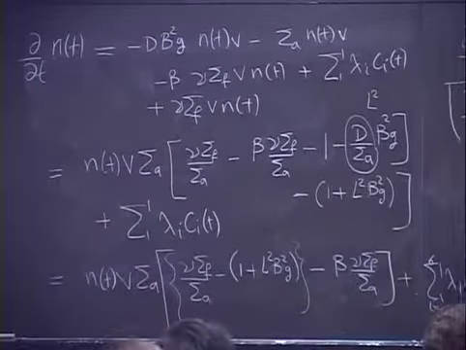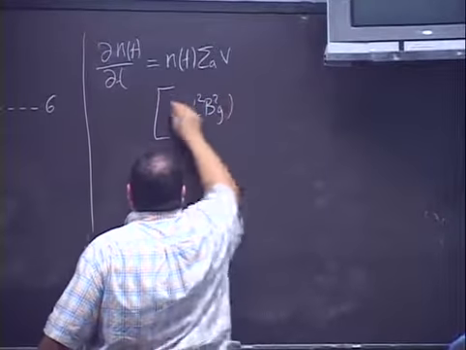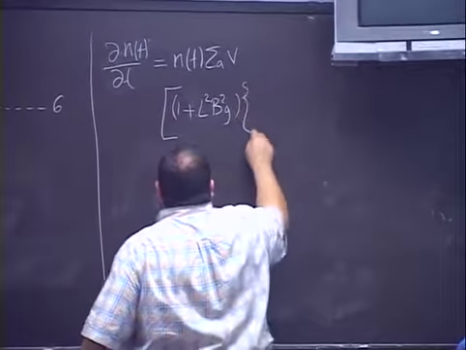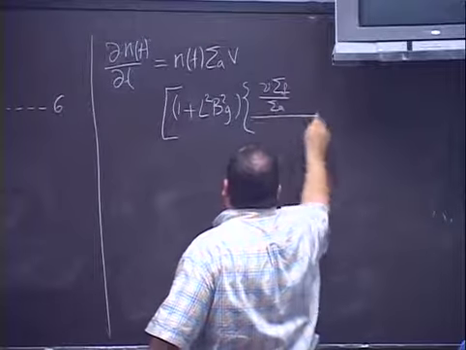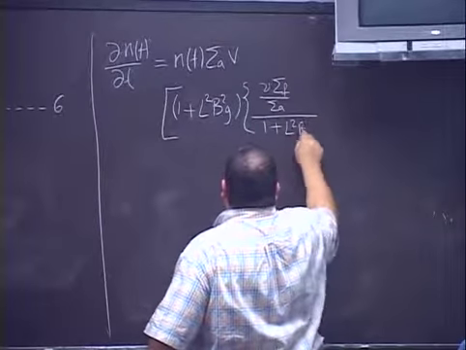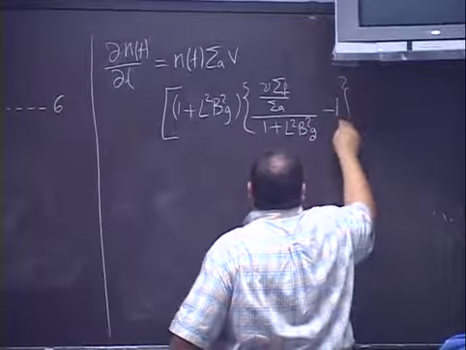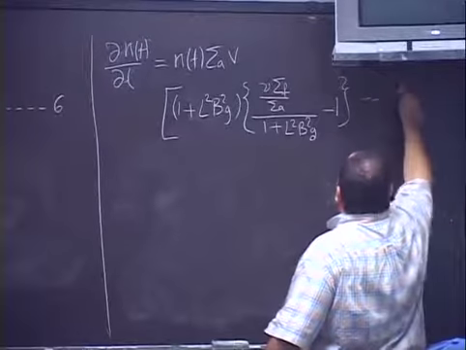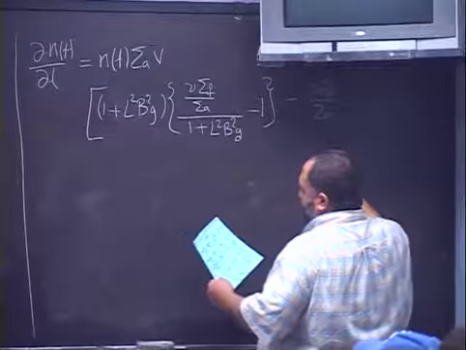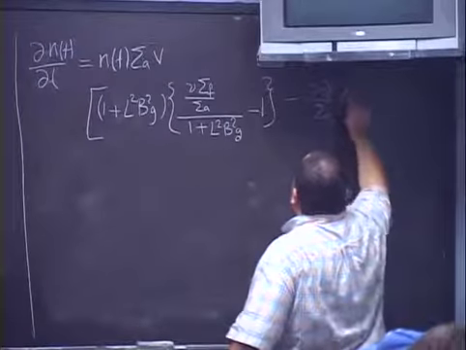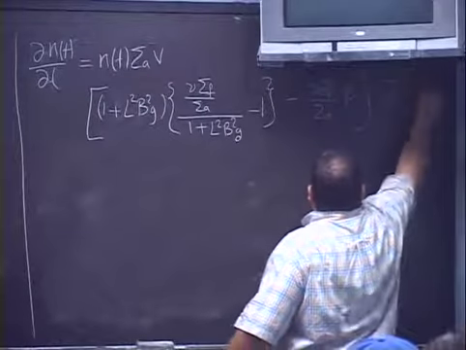So this will give me 1 plus L square B square G, and I will end up with nu sigma fission over sigma absorption divided by 1 plus L square B square G, minus 1, minus nu sigma fission over sigma absorption multiplied by beta plus the summation of lambda i Ci.